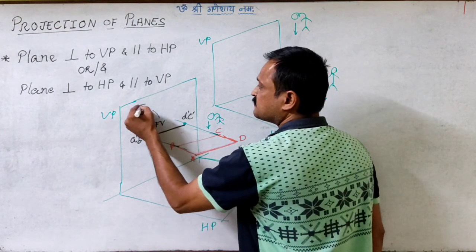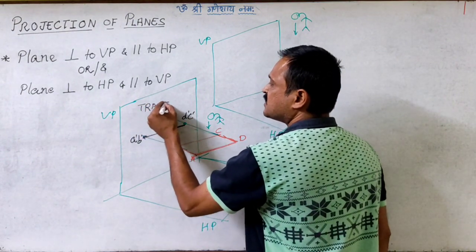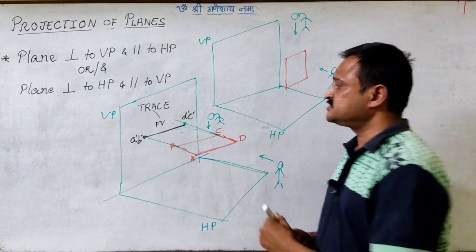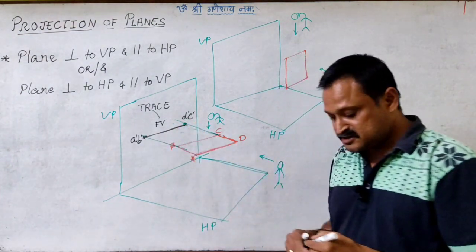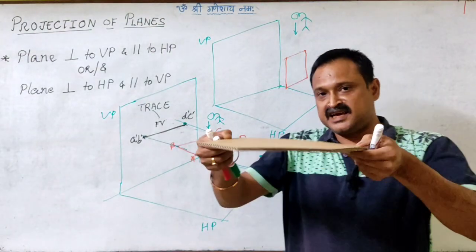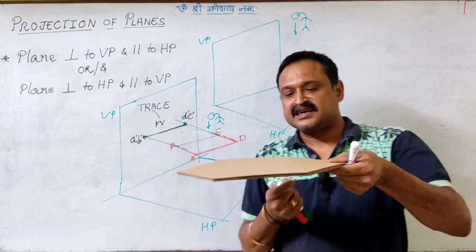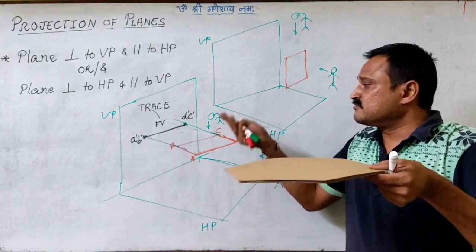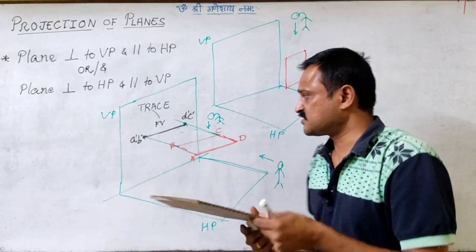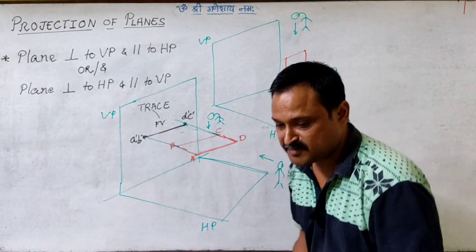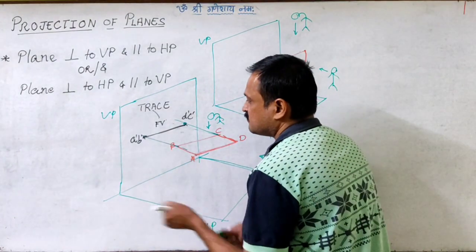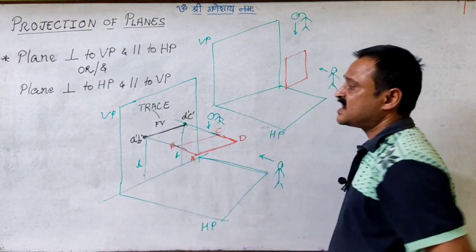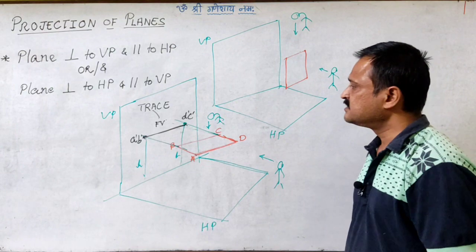Here the front view image is a line image and I am able to see the trace. As the plane is parallel to HP, the height of all the corners will be the same. So the height of A, B, C and D, if it is h, all these have height h.